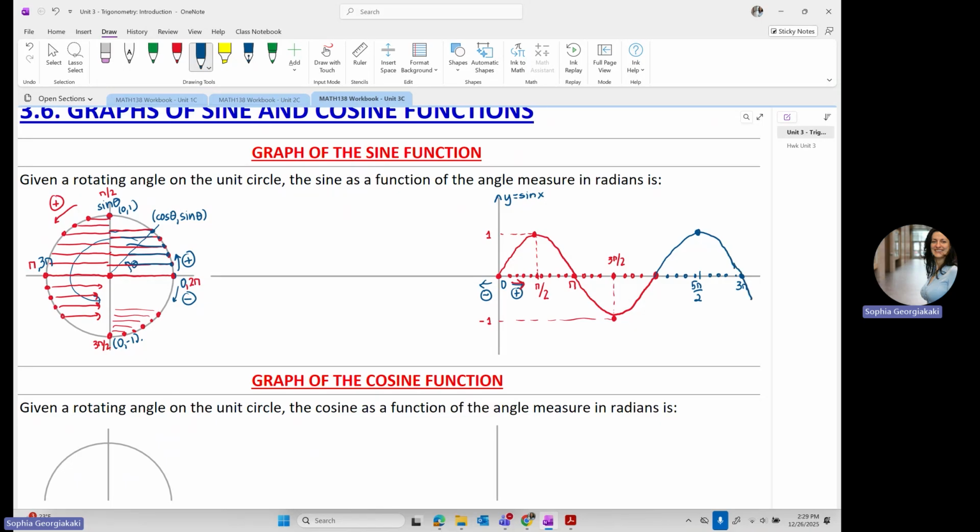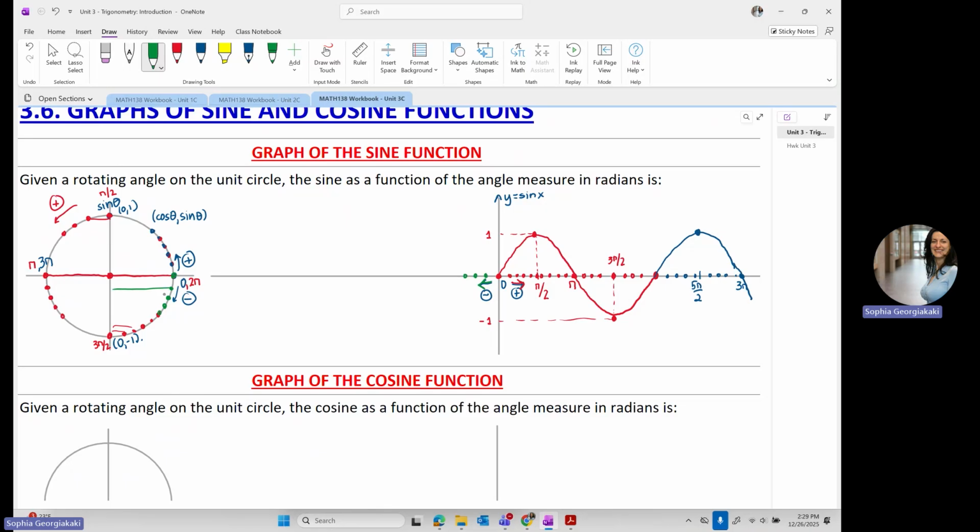Now, if I go in the negative direction, let me see what I can erase here. So when I go in the negative direction, I start at 0 and I'm going this way. So again, this is the rotation on the circle, but I am now going in the negative direction.